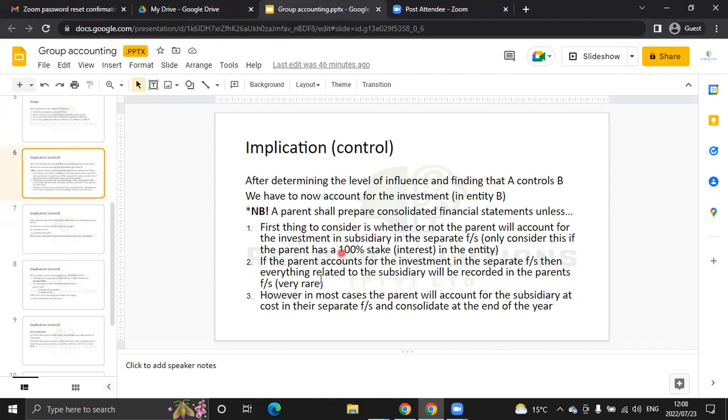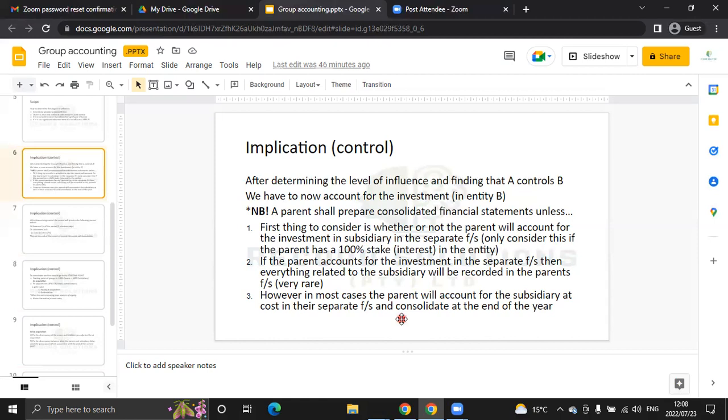Because the parent is preparing consolidated financial statements, in the separate books of the parent, the investment will always be at cost. You won't make any changes to that investment. It will be at the level of the consideration that you paid. I'll explain what that also means.